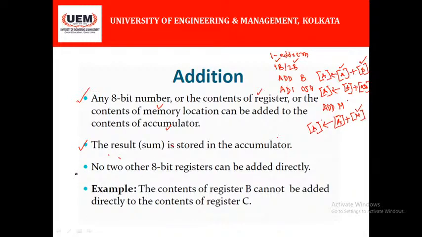So no two other 8-bit registers can be added directly except the accumulator. The contents of the B register cannot be added directly to the content of the C register. Naturally this is not possible. ADD B, C is not possible in the 8085 microprocessor.